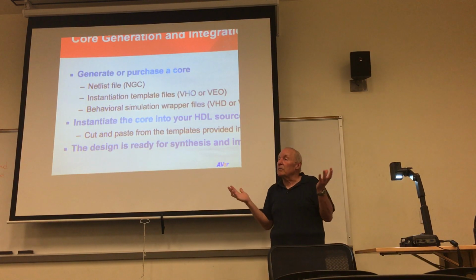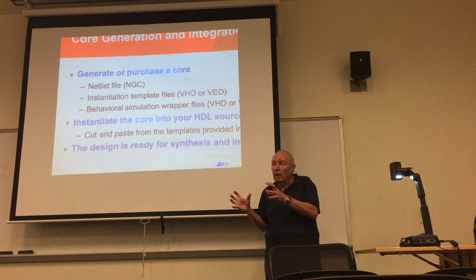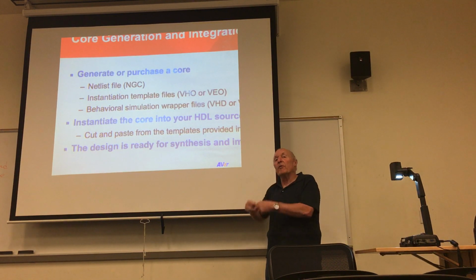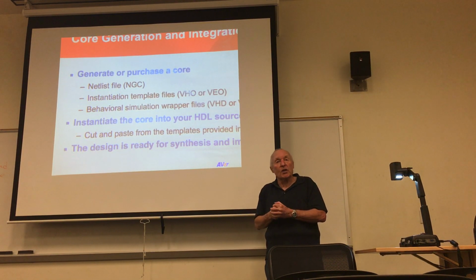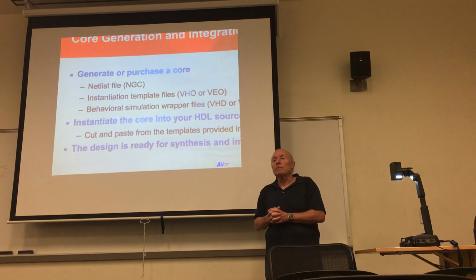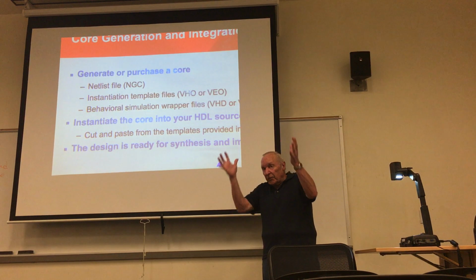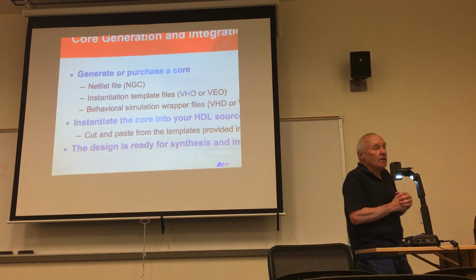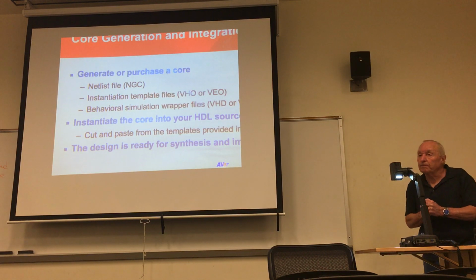And everything's complete. And that's how you put your core that you use from an IP generation tool into your design. You'll instantiate it in a module you write. You use the wrapper file to simulate your entire design, and then you take the NGC file and provide it to the place and route. And by creating that black box, you've left a place for it to be inserted into the netlist that the place and route gets from the synthesizer.